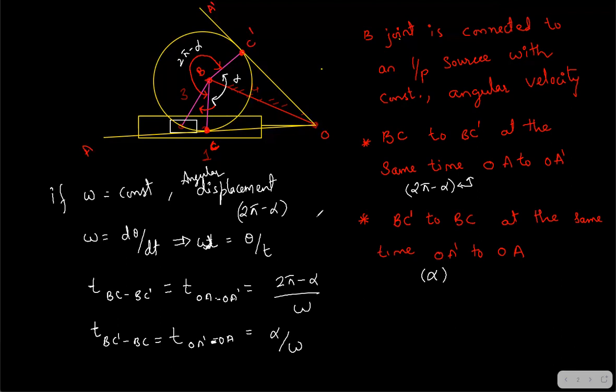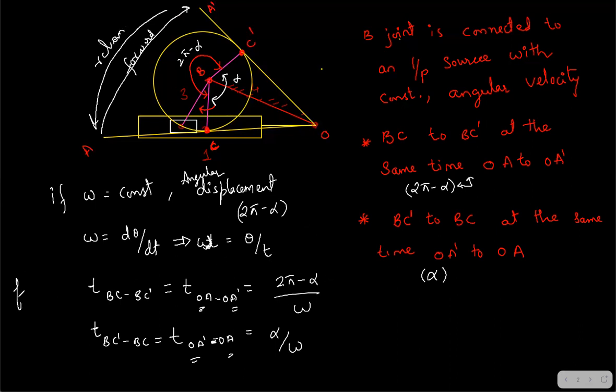Now, if you want to check the ratios of time, means how much time it takes for this point to come to this point, and how much time it takes for this point to come back, A to A dash, then A dash to A, right? So this is called forward stroke, and this is called return. So which is taking larger time? Forward is taking larger time, as you can see here.